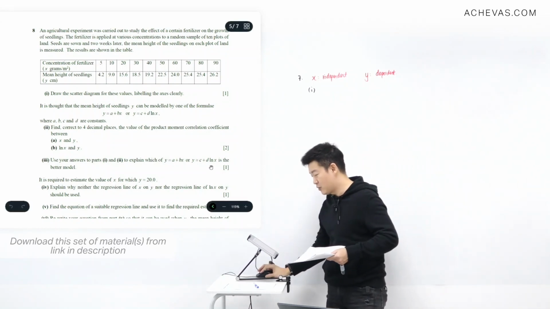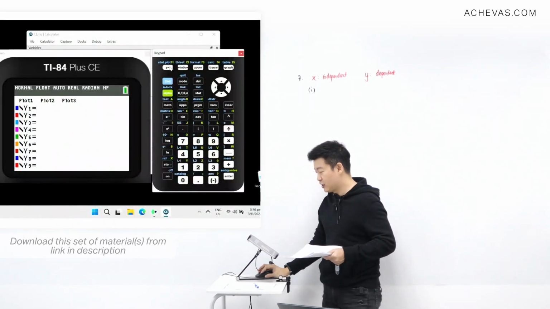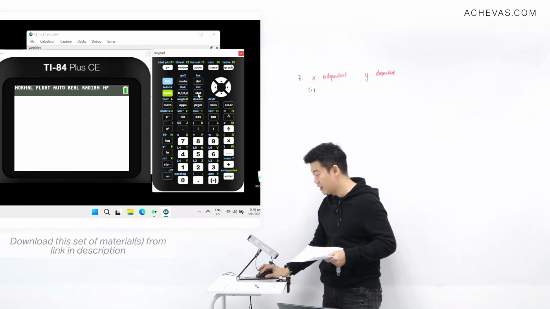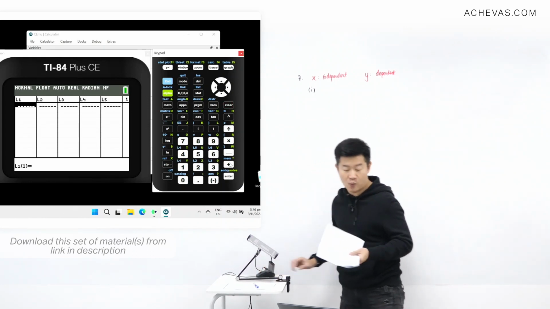We're going to make use of our graphing calculator. Let's take a look at how the scatter diagram is going to look. We're going to press stat, then edit. There's some data here, I'm going to remove it first. I'm going to put all the X into L1 and Y into L2.